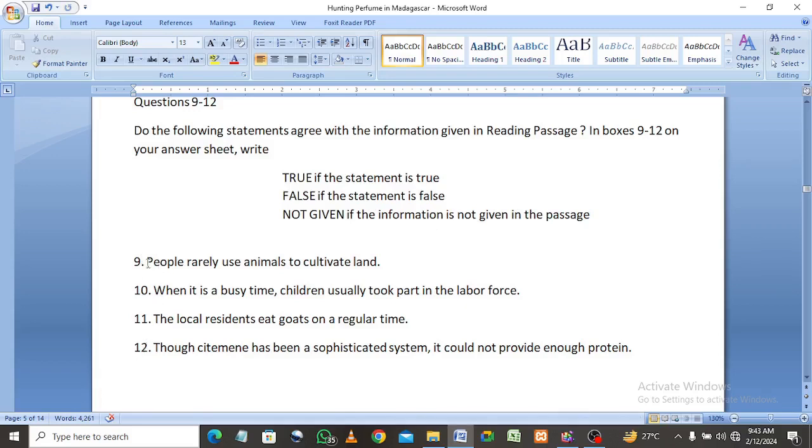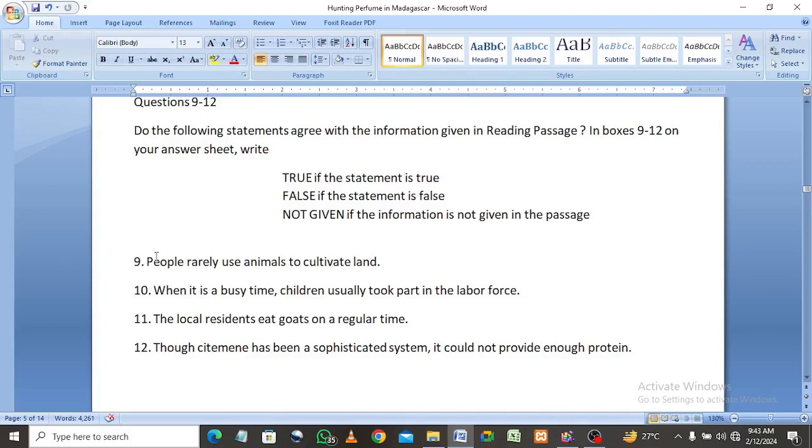The first question here, question 9, says people rarely use animal to cultivate land. Don't forget, we have a scanning keyword here we need to underline, and we also have a target keyword we need to focus more on so as to arrive at the right answer.